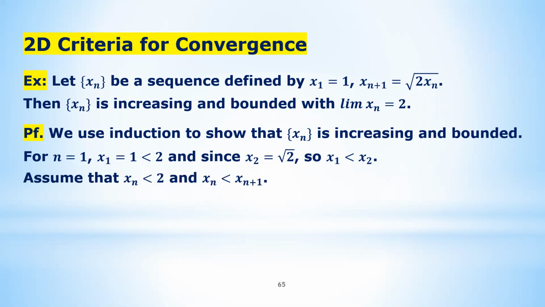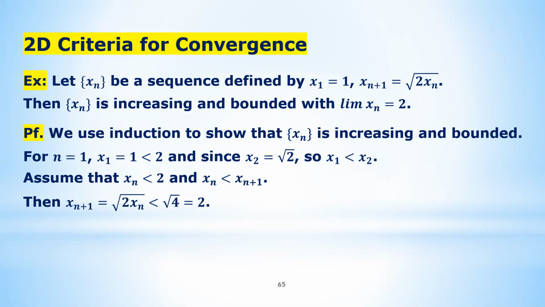Assuming that xn is less than 2 and xn is less than x(n+1), first you should look at the bounded side. So x(n+1) equals the square root of 2xn, which is less than the square root of 4, because xn is less than 2. Therefore x(n+1) is still less than 2.